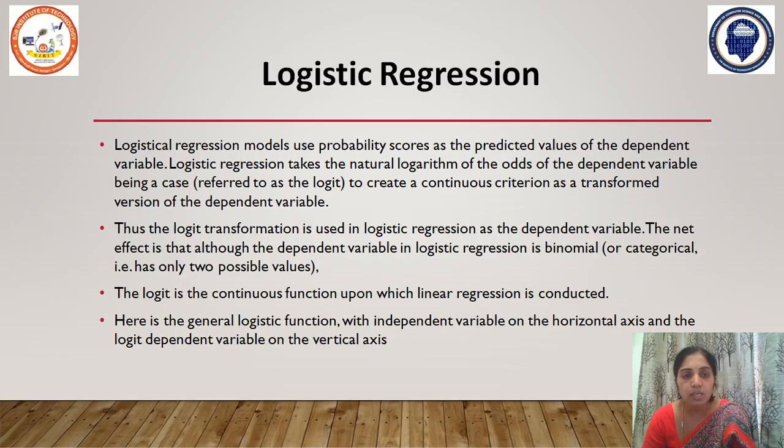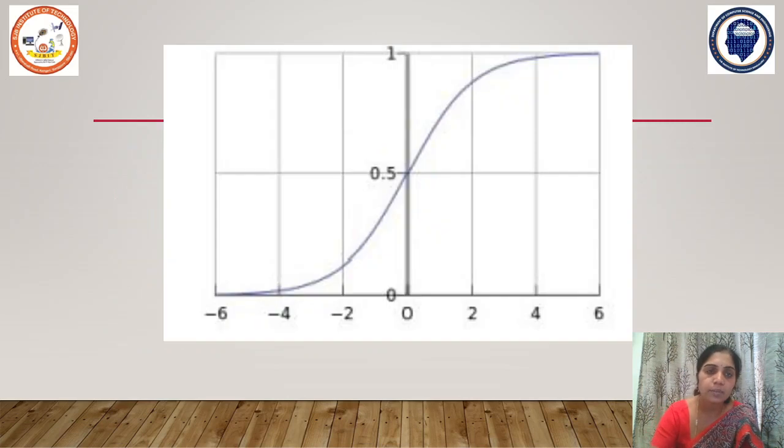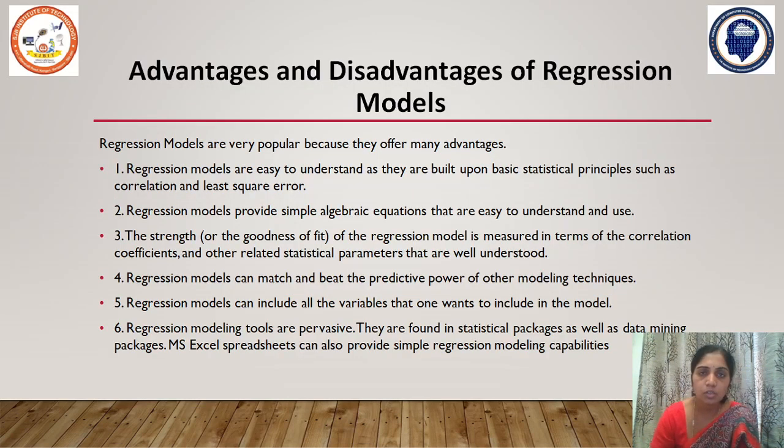Regression models can match and beat the predictive power of other modeling techniques. So here regression models can include all the variables that one wants to include in the model. Regression modeling tools are pervasive. It means that they are found in statistical packages as well as data mining packages. MS Excel spreadsheets can also provide simple regression modeling capabilities.